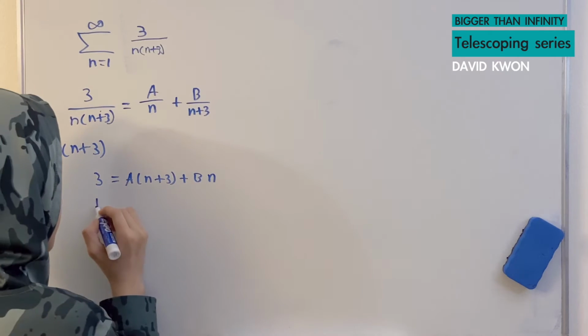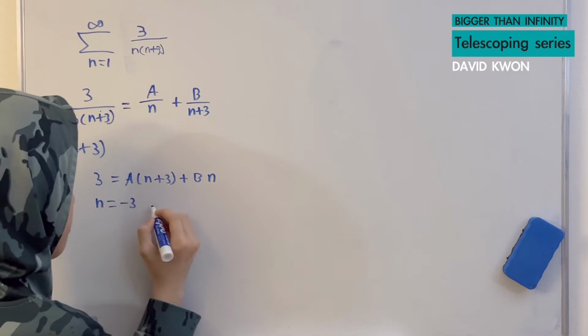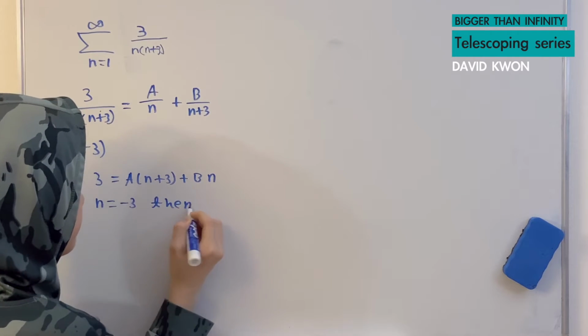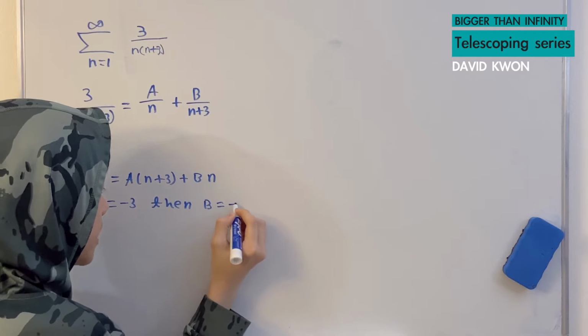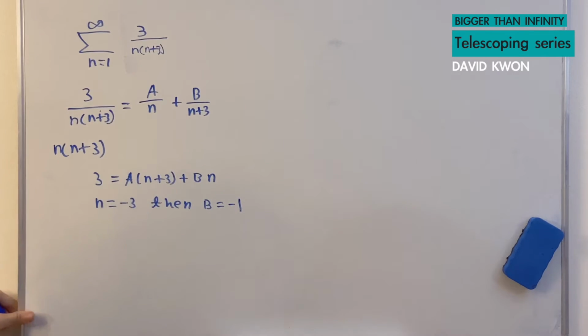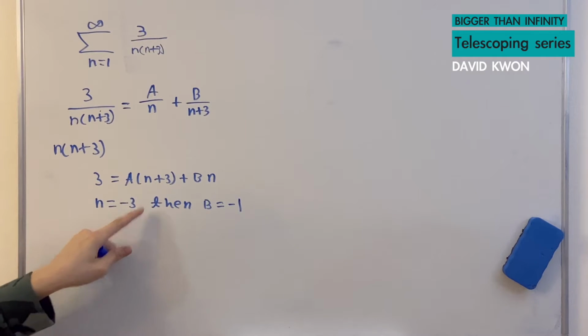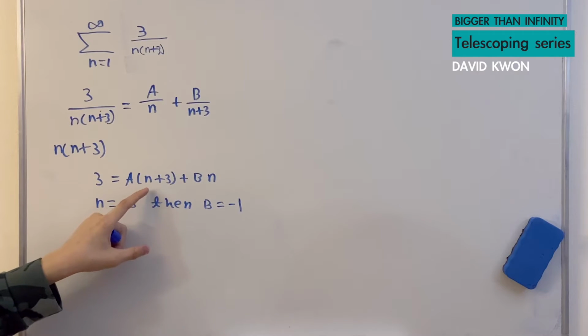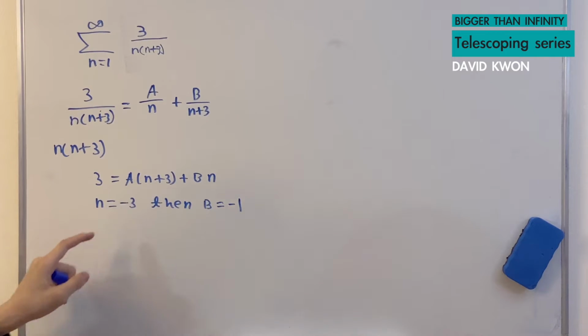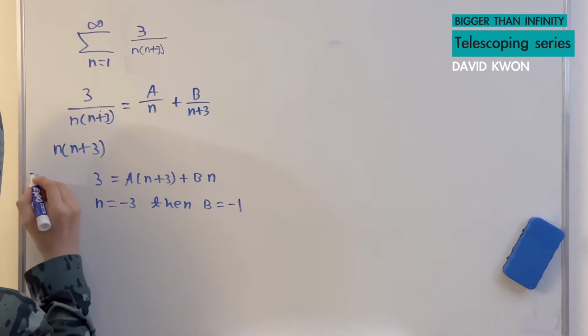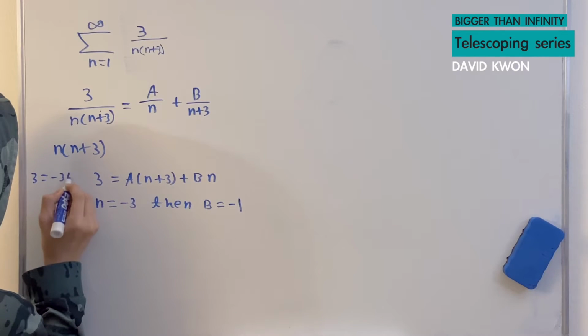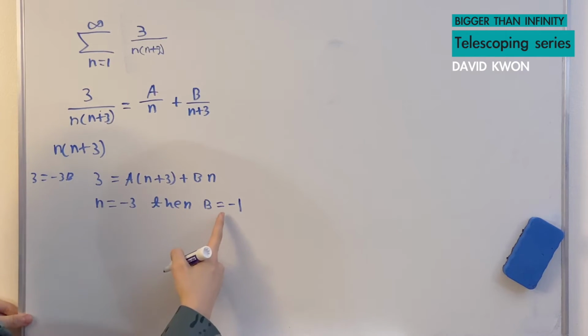Now, when I set n is equal to minus 3, we get that b is equal to minus 1. Why? Because n is equal to minus 3, put it in there, that's 0 times a is equal to 0, so that's nothing. And when n goes into here, we have 3 is equal to minus 3b. So b has to be equal to minus 1.